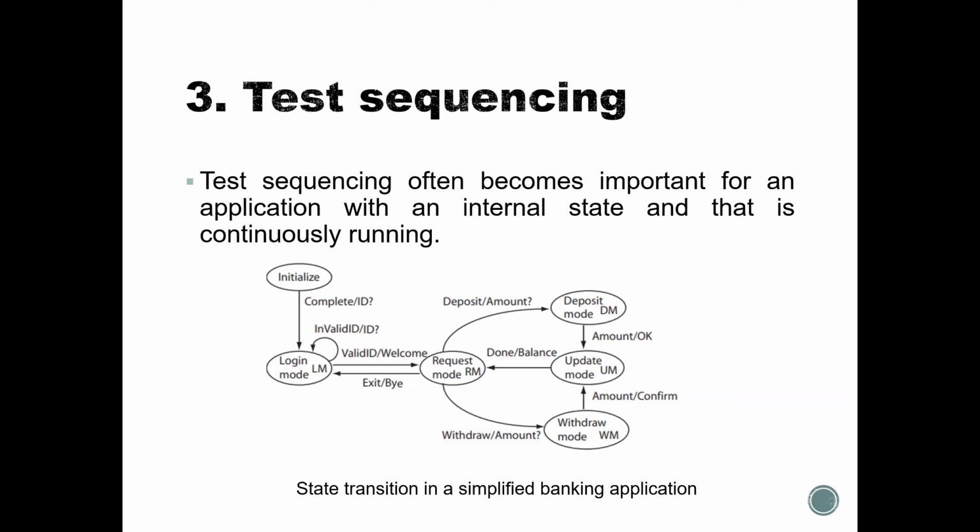The functionality here is to deposit and to withdraw. So basically there are three different functionalities: login, deposit, withdraw, so LM, DM, WM. However, there are certain internal states, request mode and update mode, and these processes are continuously running. So in these cases, the order of sequence is very, very important.